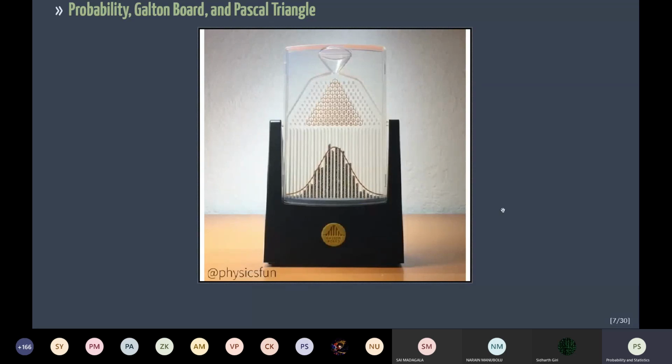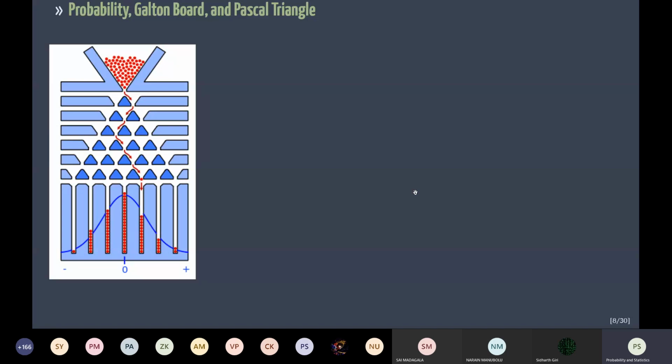So let us see this schematic illustration of the Galton board. These are the marbles that fall from the top, and they go via these small dividers, and then they fall into one of the bins.